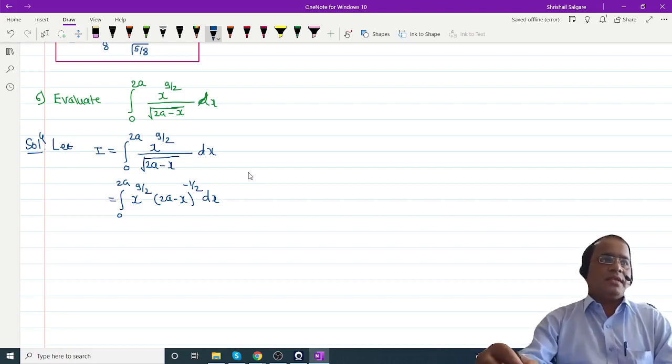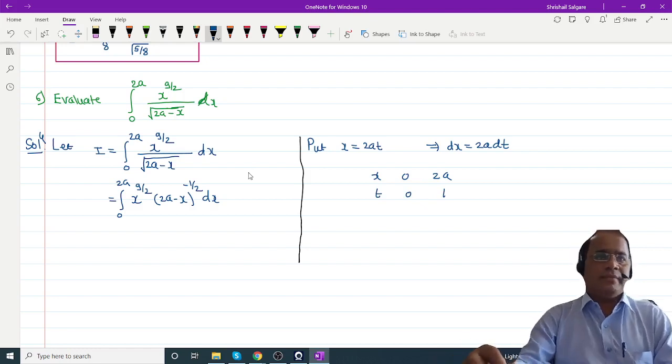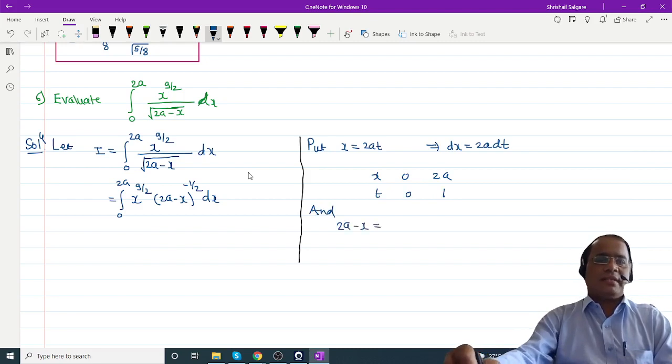What is the substitution? x equals 2at. This implies dx is equal to 2a times dt. Now the given limits for x are from 0 to 2a, so the new limits will be 0 to 1. And this factor 2a minus x can be written as 2a minus 2at. From this I will take 2a as common, so it comes as 1 minus t into 2a.